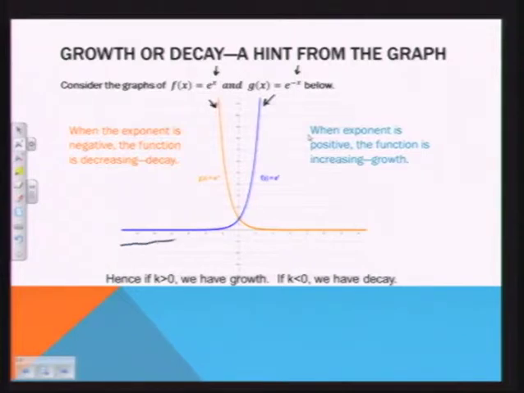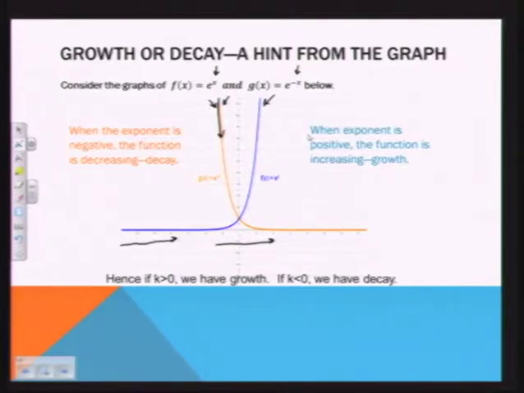And as we go from left to right, our function is increasing. And so we have growth. But when our exponent is negative, we're on the orange graph. And as we go from left to right, in other words, as x is getting larger, our function is decreasing.